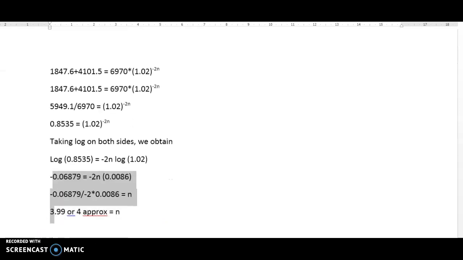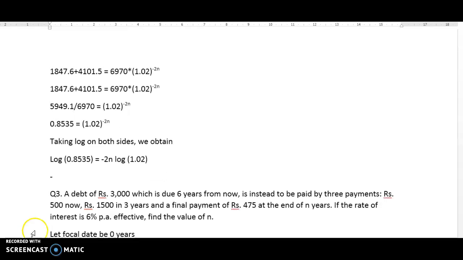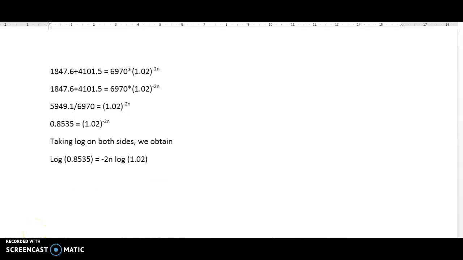After that point, you have to now use the log function. I'll quickly explain how you can use the log. As you know, the value is in decimal points, so we can't calculate the value of log directly in decimal points. What you can do is divide this by 10,000. This is 0.8535 only, so I have written it like that. Similarly, this value I have written as 0.2 divided by 100.